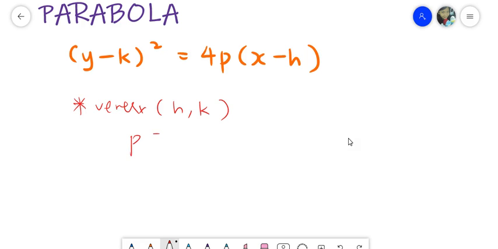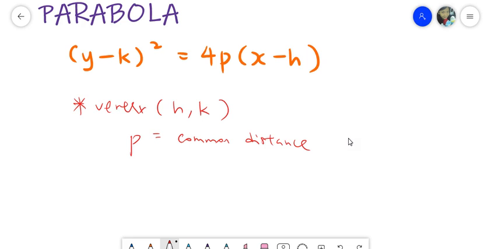And p is the common distance between the vertex and the directrix, together with the focus point and the vertex. The p is very important, whereby the p here will locate the position of the parabola as well.